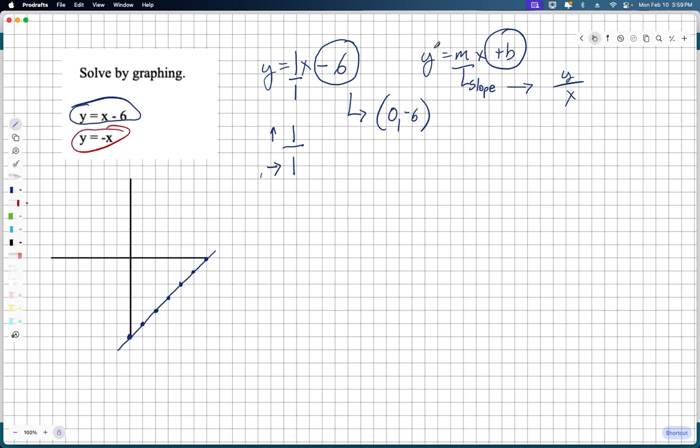And again, we're looking for this same thing, right? Y is equal to mx plus b. So y is equal to negative x. We know that the plus b is where it intersects on the y-axis. There's not a plus b. Whenever there's not a plus number, we can add 0.